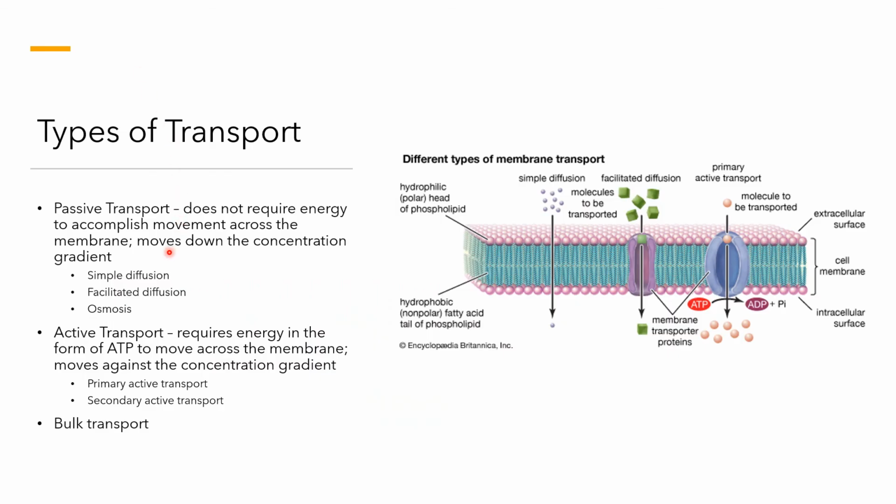So here we have different types of transports through the plasma membrane, because the plasma membrane is used to connect the outside of the cell to the inside, or not connect, but like protect, there are types of transports that are used to get objects and molecules and nutrients and all kinds of molecules through and inside and outside of the membrane.